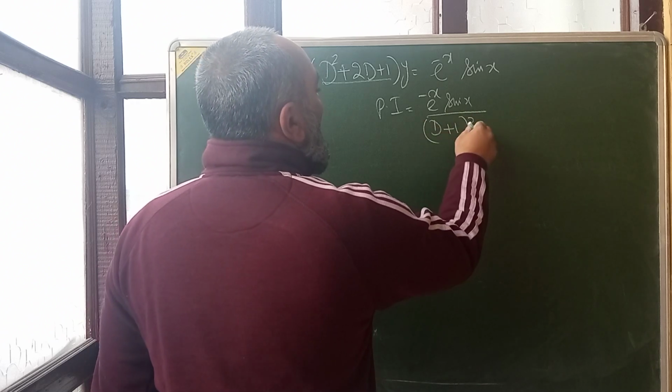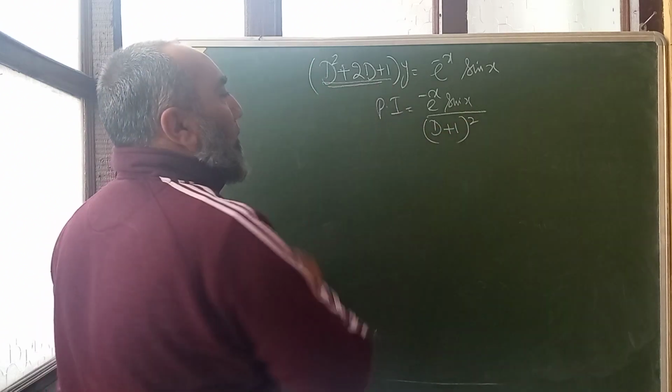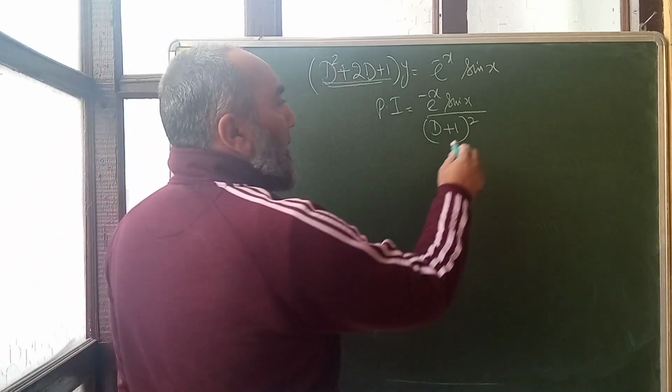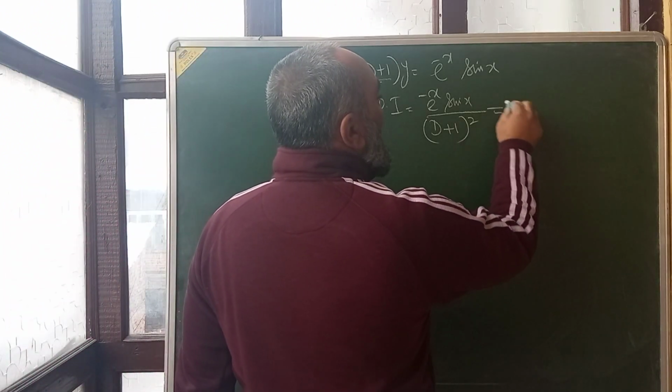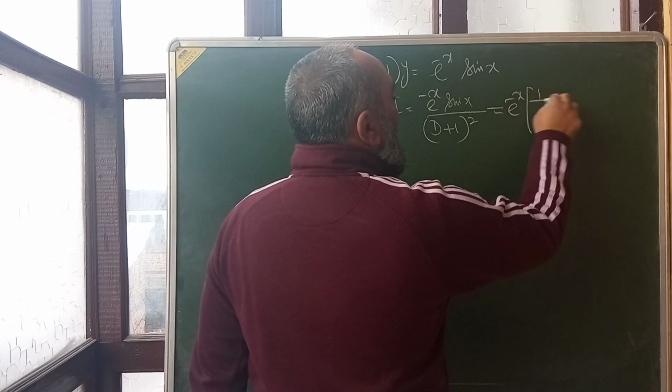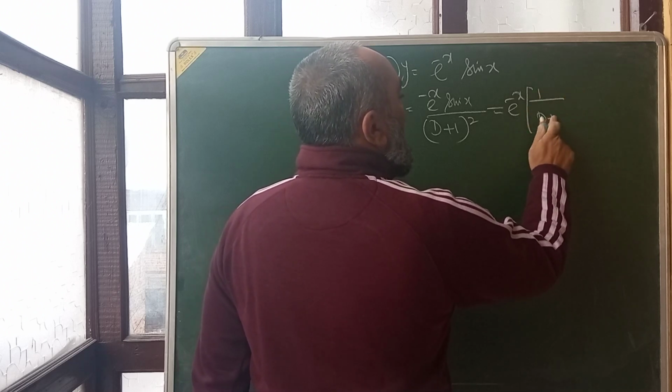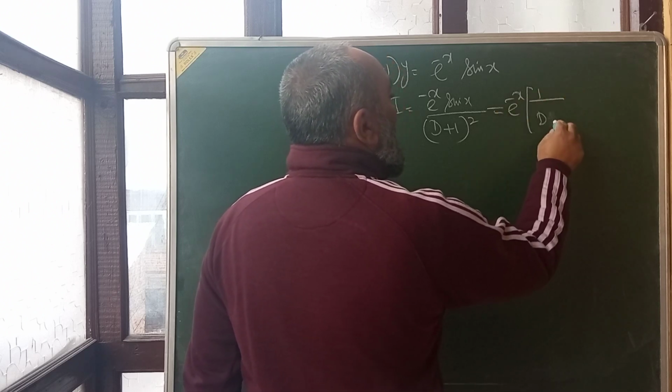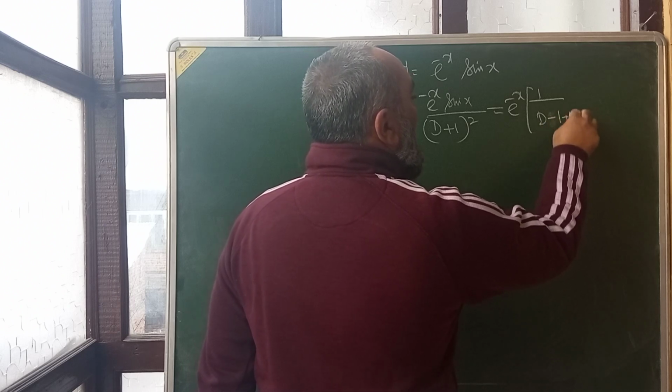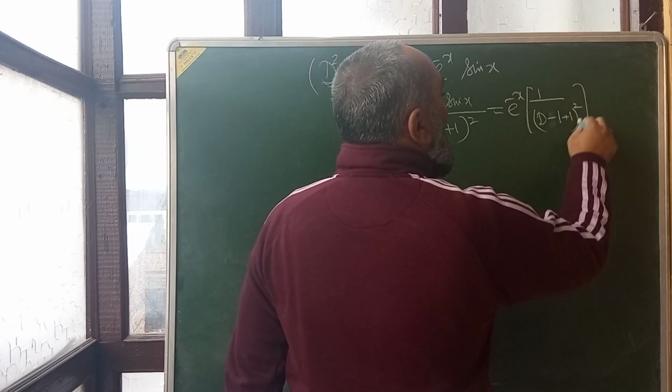See, this is as good as d plus 1 whole square. Now what I have to do, it is nothing but e raised power minus x, replacing d by d plus a, where a is minus 1, so d minus 1 plus 1 whole square operating on sin x.